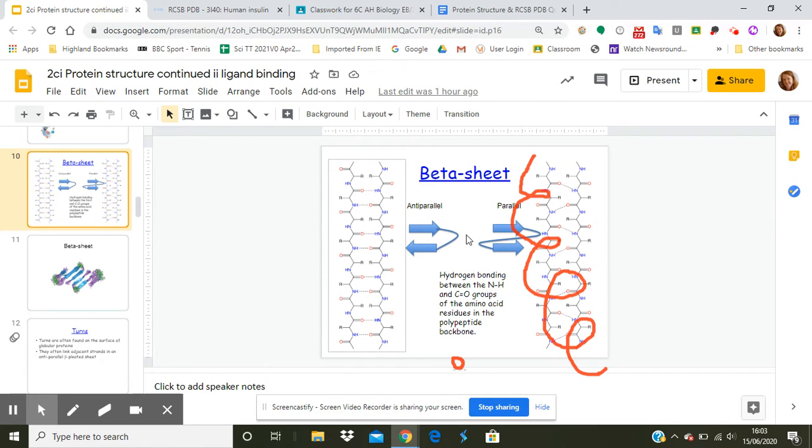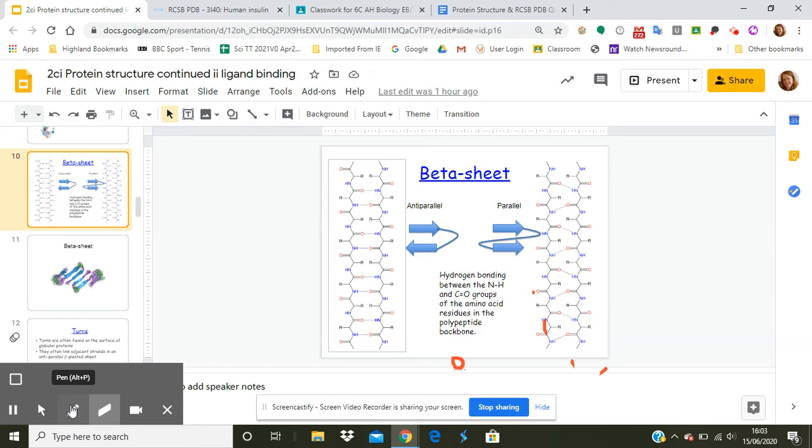So that's called antiparallel. Whereas if you've got the parallel one, what happens is your beta sheet's going along here. It's a big, huge turn, and it means the parallel goes along there and it carries on. It's also held together by these intermolecular forces.